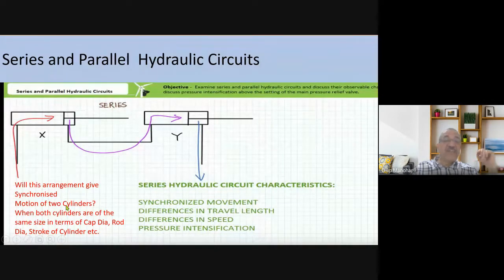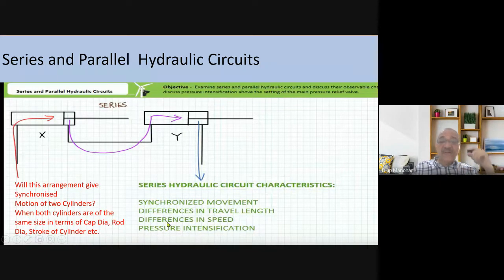This alignment will synchronize the motion. Both will move in a synchronous fashion when the areas of the cap end and the rod end of the cylinder are the same. That means this area and this area are the same. Then only it will be synchronized motion.